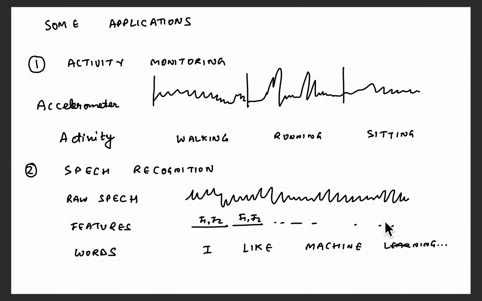These features could be MFCC features or other frequency transform features. And the machine learning task here is that you have to convert the spoken speech into text. This would be words like: I like machine learning.